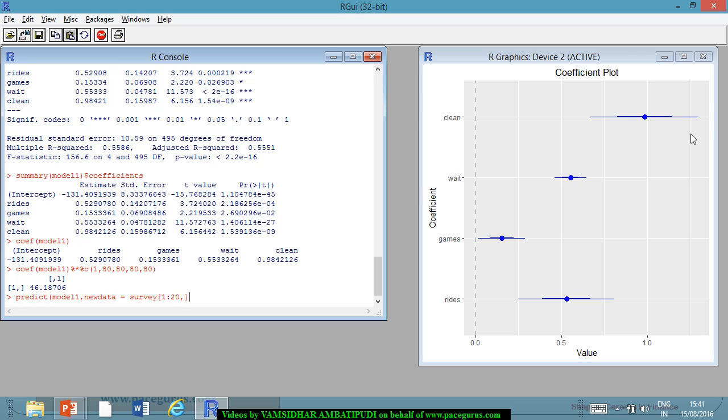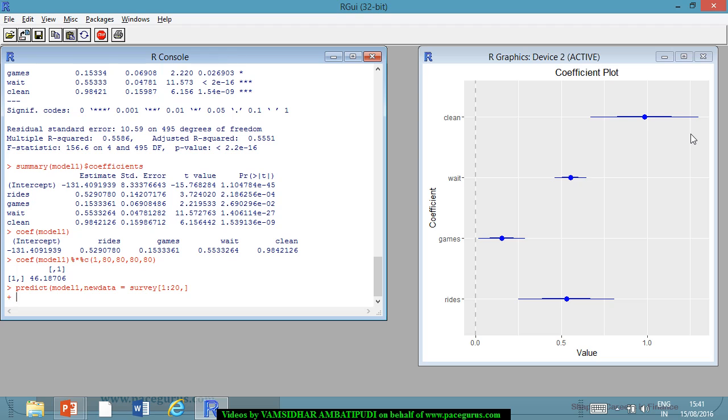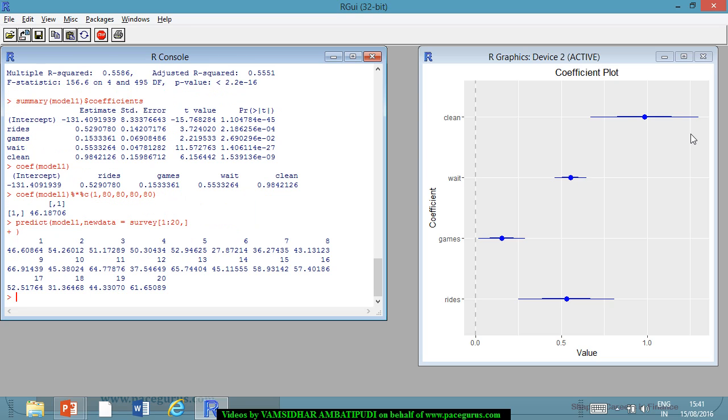So I'm simply taking survey data using the model 1. So based on this, I will get my model. So it says for the first one, this is going to be the satisfaction. For the second person, this is going to be the satisfaction. So I can get the values here.